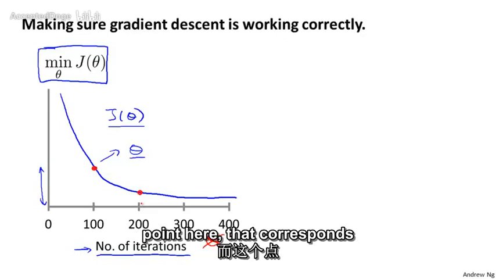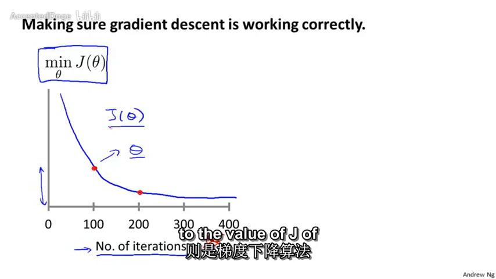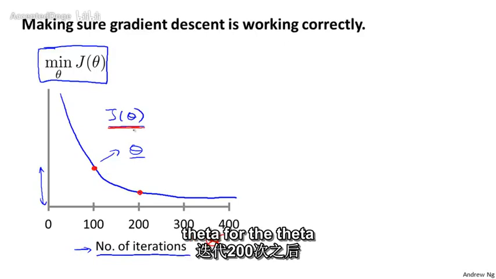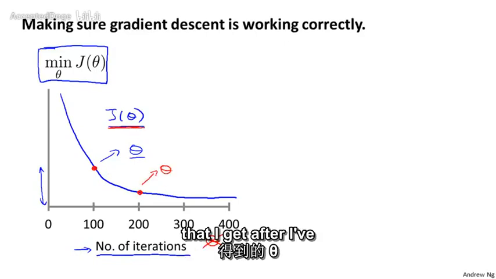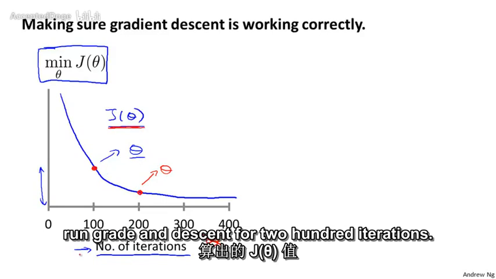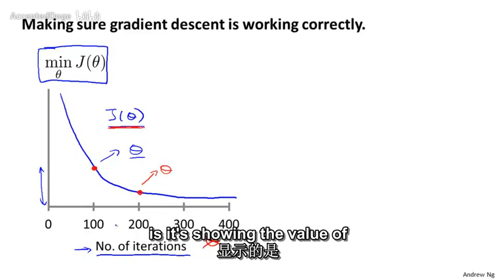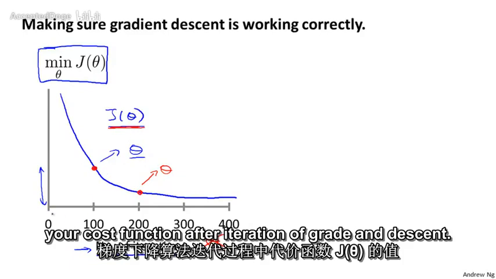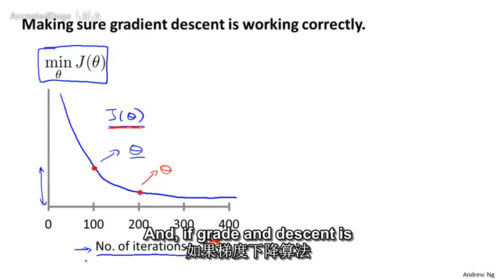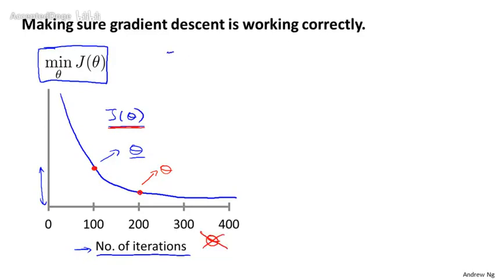And this point here corresponds to the value of j of theta for the theta that I get after I've run gradient descent for 200 iterations. So what this plot is showing is the value of your cost function after each iteration of gradient descent, and if gradient descent is working properly, then j of theta should decrease after every iteration.